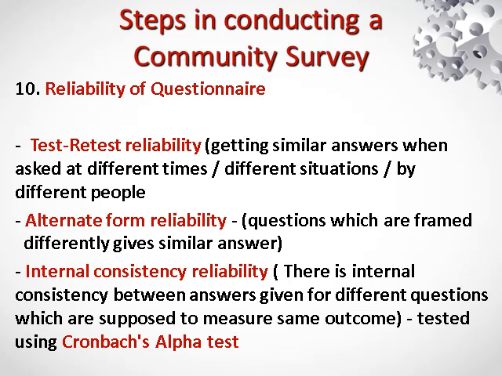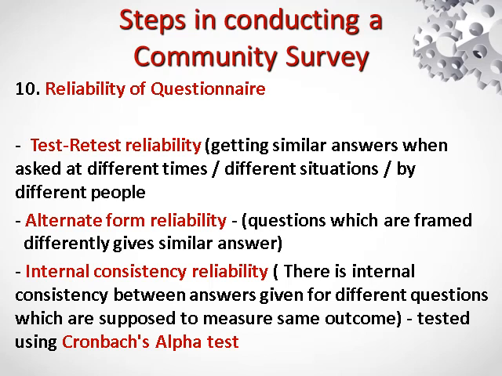Your answer is yes. Second question, has your appetite reduced recently? That also answer is yes. Third one, has your socialization with your friends reduced recently? That also yes. So three components are measuring the same variable, that is depression.